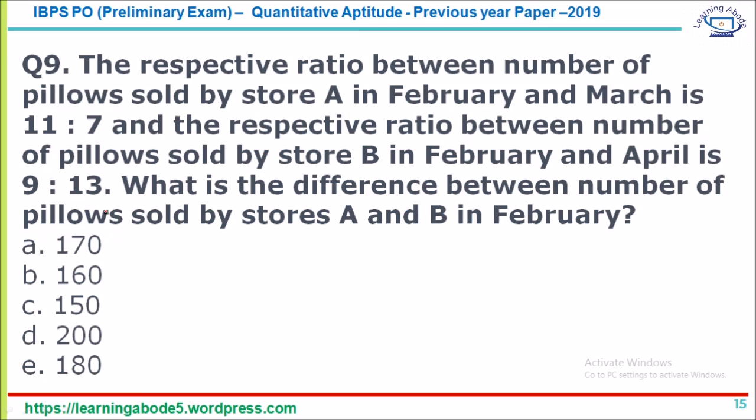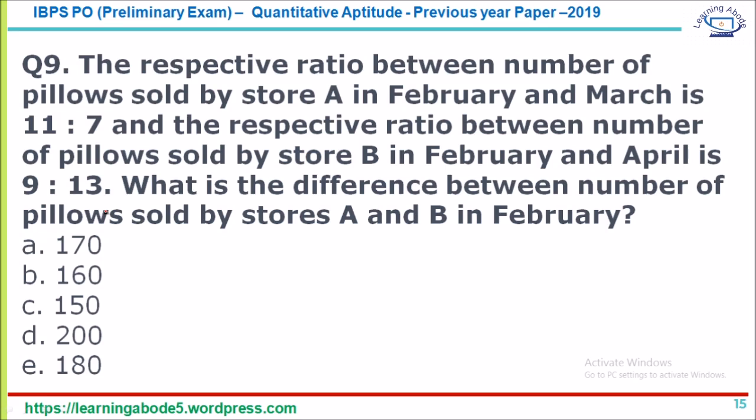Now the next question, the respective ratio between the number of pillows sold by A in February and March is 11:7. Okay, we don't have the February numbers, and the respective ratio between the number of pillows sold in February and April in store B is 9:13.